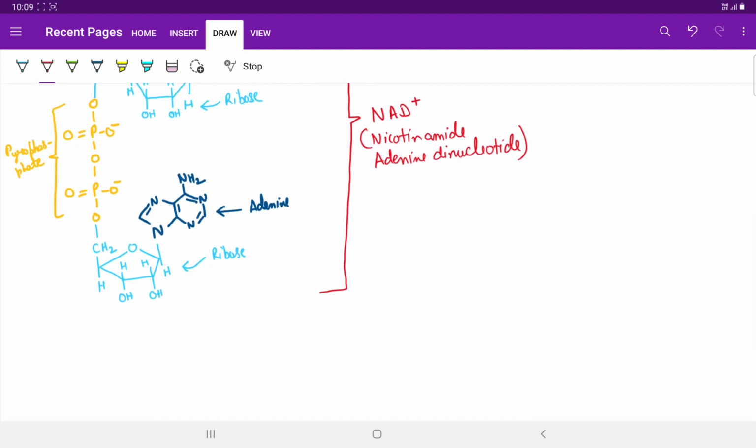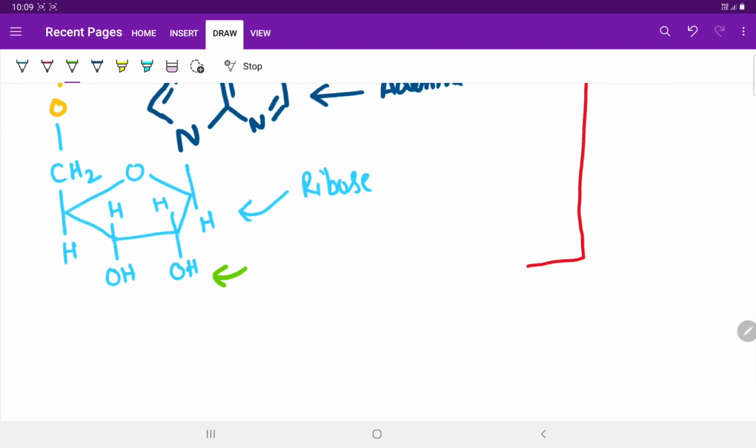And if we attach one phosphate group to this hydrogen, you can see here, if one phosphate group is attached at this hydrogen, then it becomes NADP.